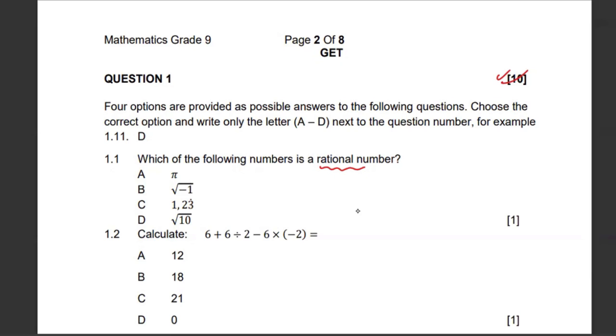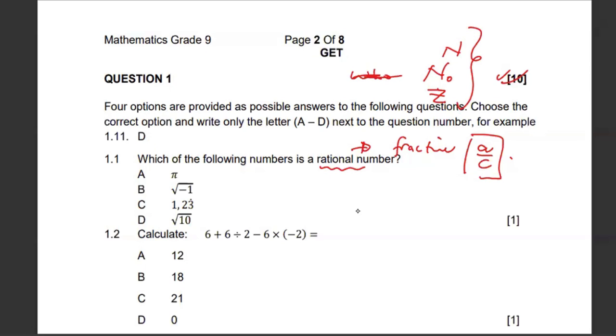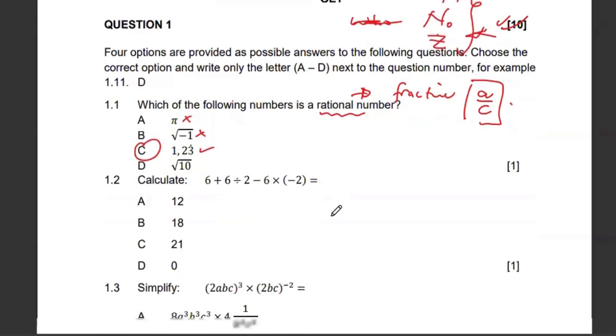One thing we know about rational numbers is that these are numbers that can be written as fractions, as a over b, meaning that all whole numbers, all natural numbers, all integers form what we call the rational numbers. So pi is irrational. We cannot find the square root of -1. 1.2333 with a dot is recurring, so it's a fraction. Square root of 10 is irrational. So the best answer would be C.